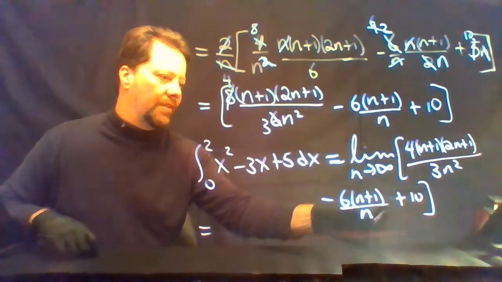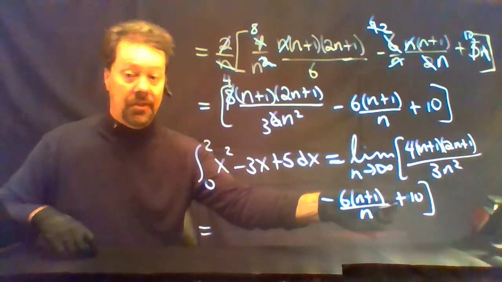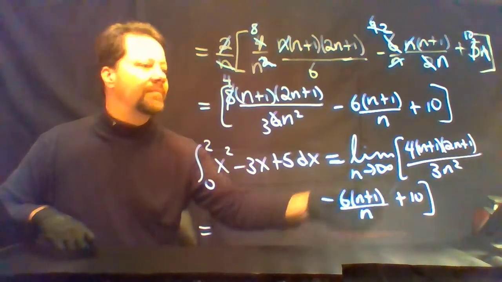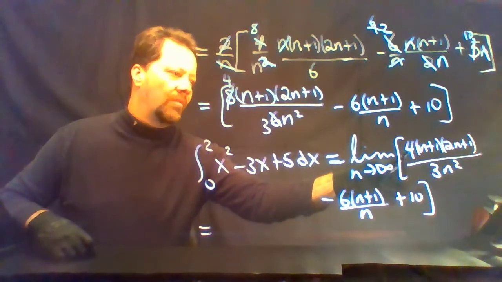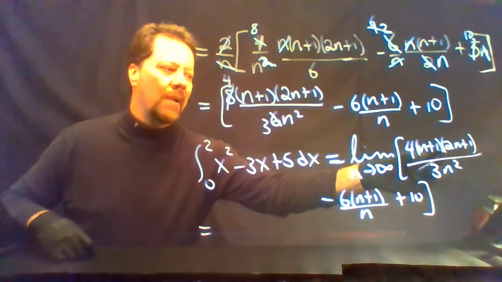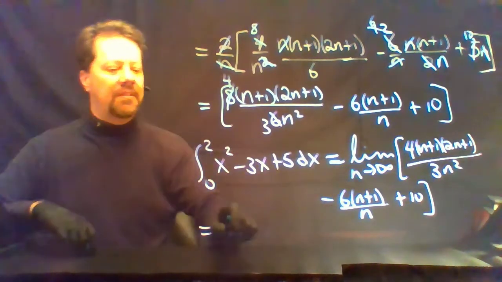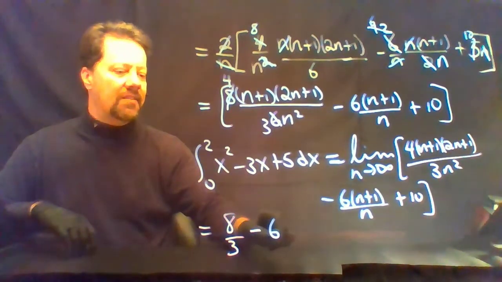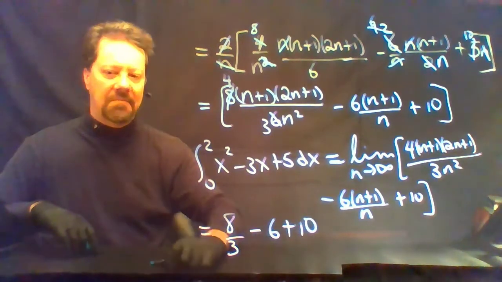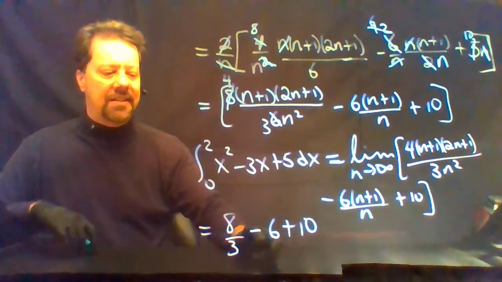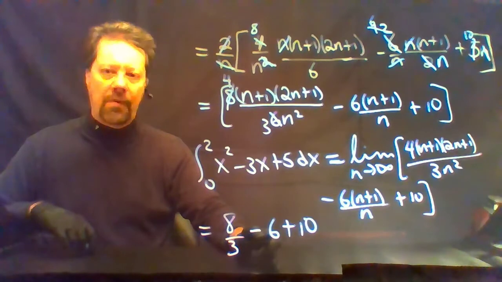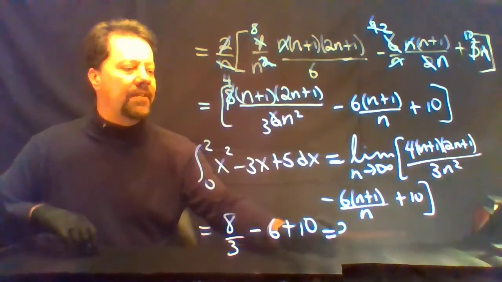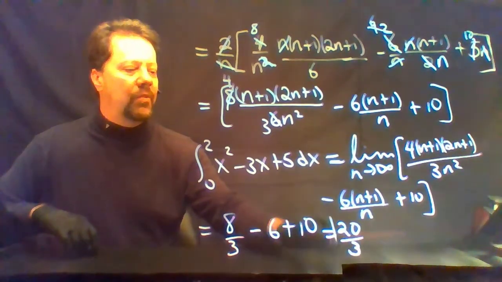As n goes to infinity, 10 goes to 10, 6n plus 1 over n goes to 6, and over here we'll have an 8n squared as the leading coefficient on the top. We'll end up with 8 thirds minus 6 plus 10. 10 minus 6 is 4. 4 is 12 thirds plus 8 thirds gives us 20 thirds.